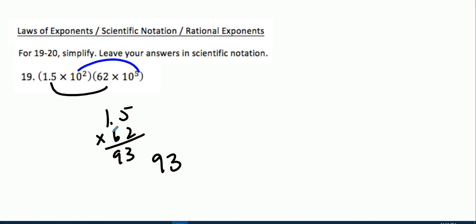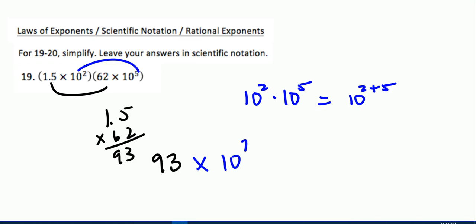I have to double check that though. Yeah, 93. Okay, good. And then times 10 squared times 10 to the 5th. Well, we did that before. Multiplying bases, you add the exponents. So that's going to be 10 to the 7th.